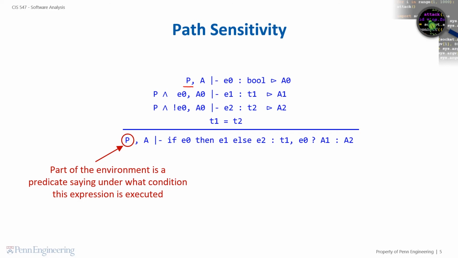For the second hypothesis that E1 has type T1, we add P conjoined with E0 to the input environment. And for the third hypothesis that E2 has type T2, we add P conjoined with the negation of E0 to the input environment. Note that we are still retaining the distinction between input and output environments for all the hypotheses.